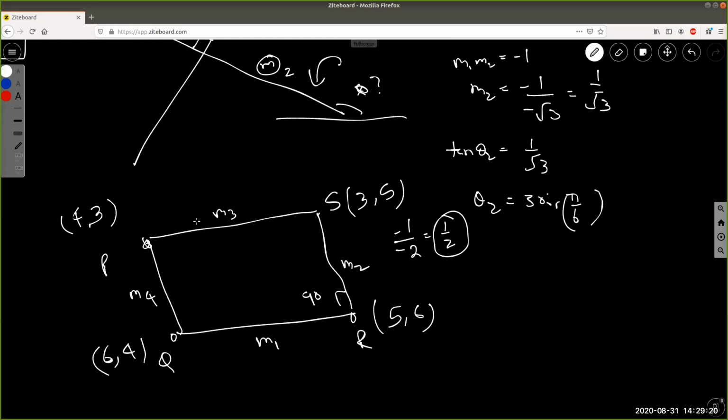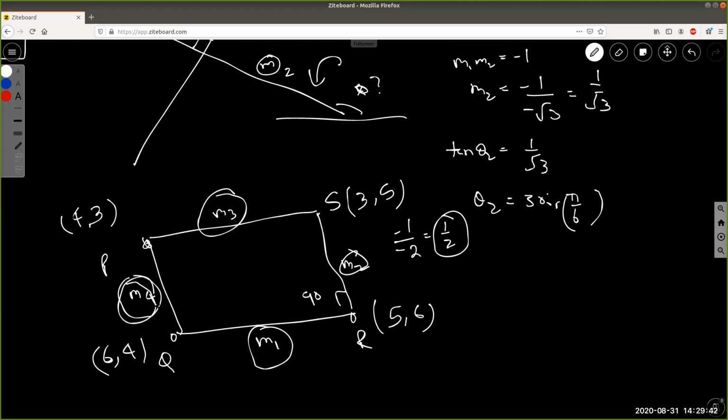Then we will find for all these points. So if the product of the two would be minus 1, then it would be 90. Product of which two? Like M2 and M4? M1 and M2, M2 and M3, M3 and M4, M4 and M1.